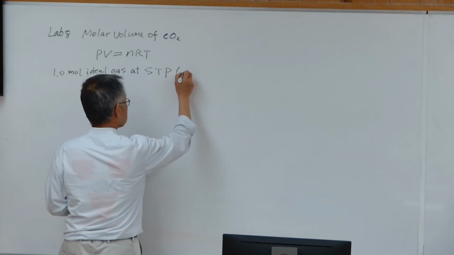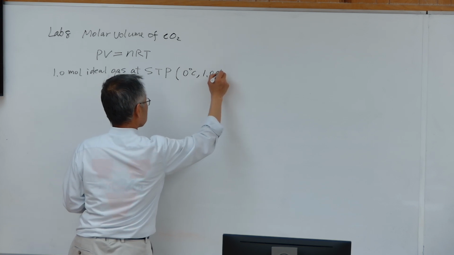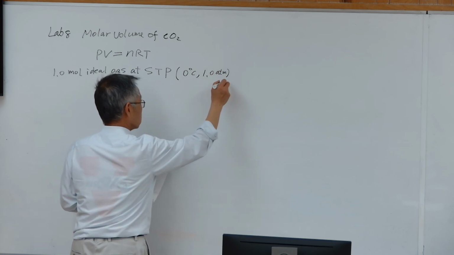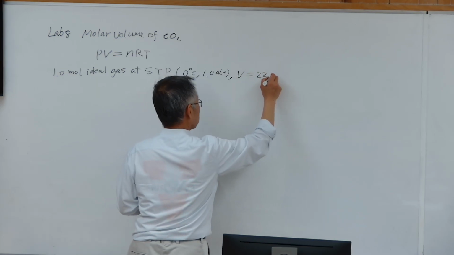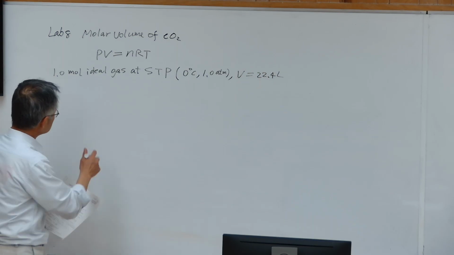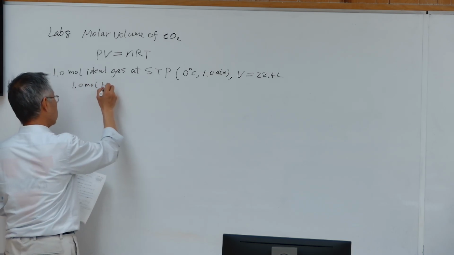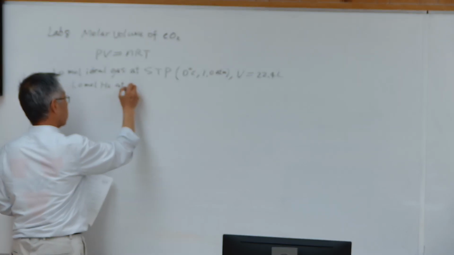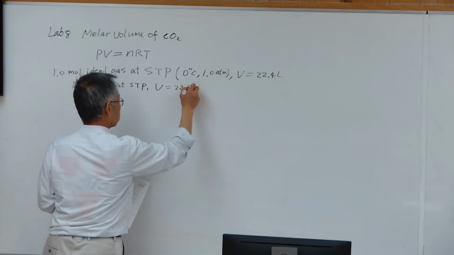That means 0 degrees Celsius and pressure is 1 atm. Volume is 22.4 liters. That means 1 mole hydrogen gas at STP, volume 22.4 liters.